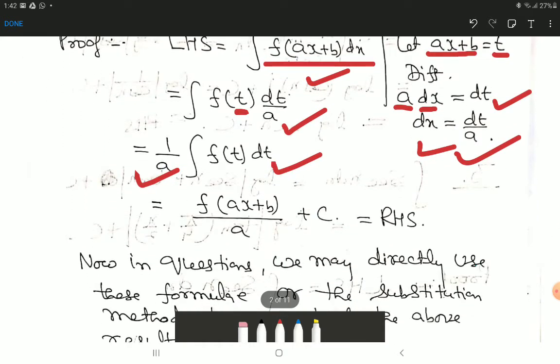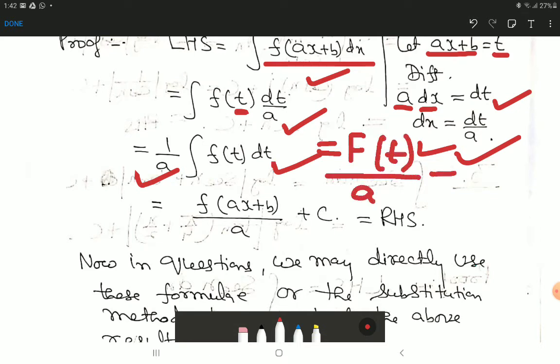So its answer should be capital F(t) upon a, which is already there, plus c. And now feed back the value of t. t was ax plus b. So it becomes F of (ax plus b) whole upon a plus c, and it is the right hand side.